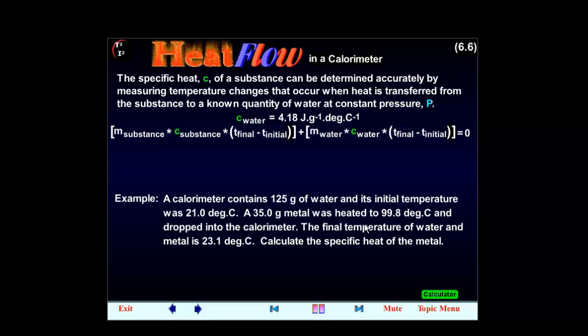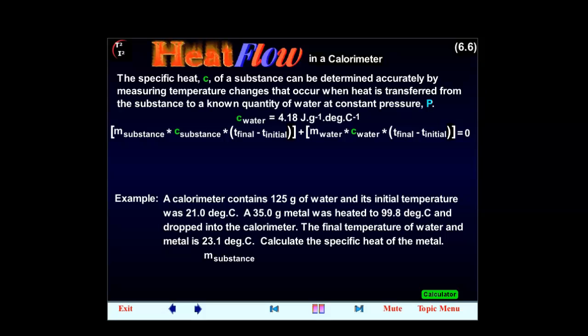Example: a calorimeter contains 125 grams of water, and its initial temperature was 21.0 degrees Celsius. A 35.0 gram metal was heated to 99.8 degrees Celsius and dropped into the calorimeter. The final temperature of water and metal is 23.1 degrees Celsius. Calculate the specific heat of the metal.